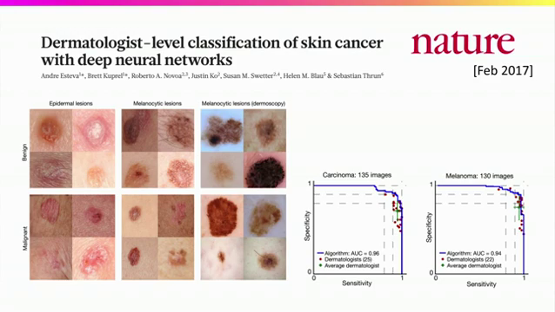So this is an example of supervised learning where the data used for training the model is labeled, meaning that we know which lesions were cancerous and which were non-cancerous when training the model.